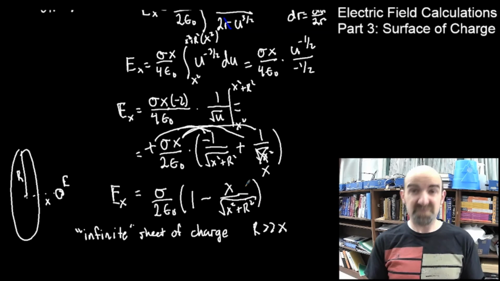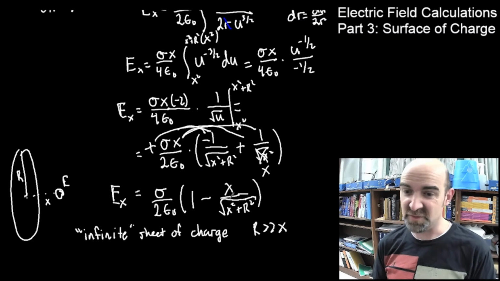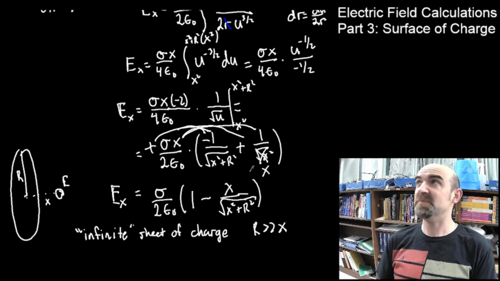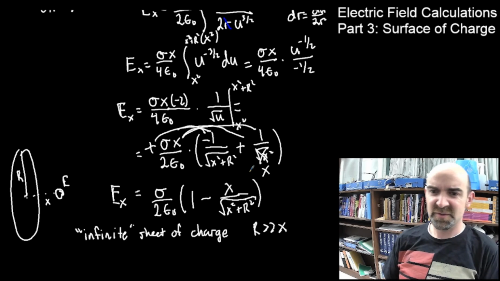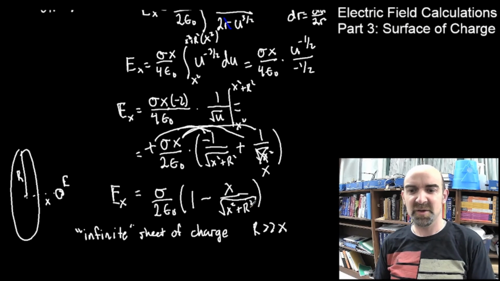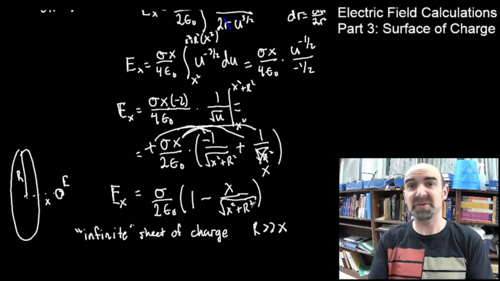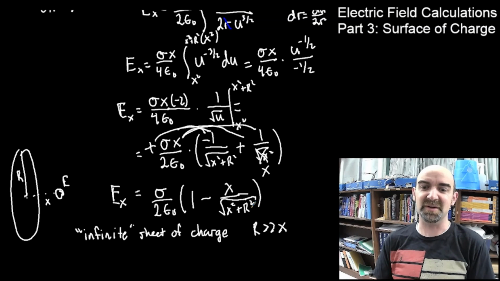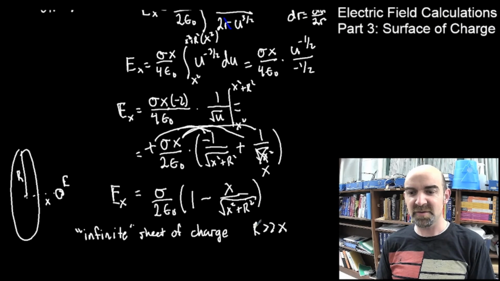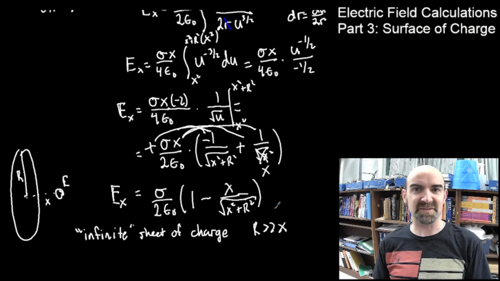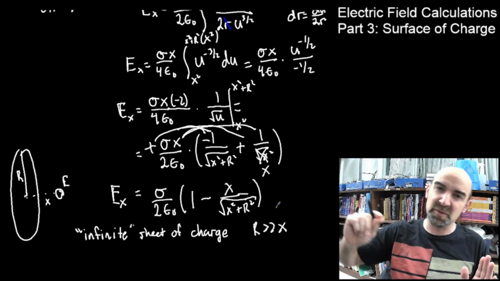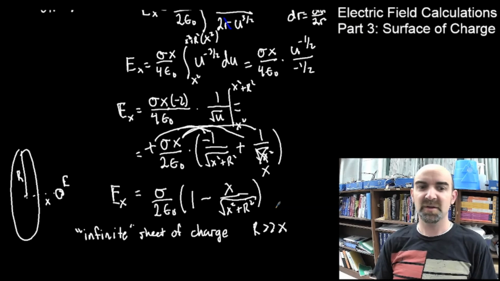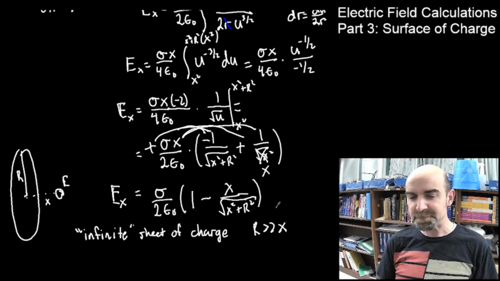But this is an infinite sheet of charge. R isn't just 100, it's like millions large. Well, x is 1. So what is 1 divided by a million? It's an even smaller number. So as R gets much bigger than x, when we approach an infinite sheet of charge, or in other words, when we get really close to that sheet, what is the electric field like?